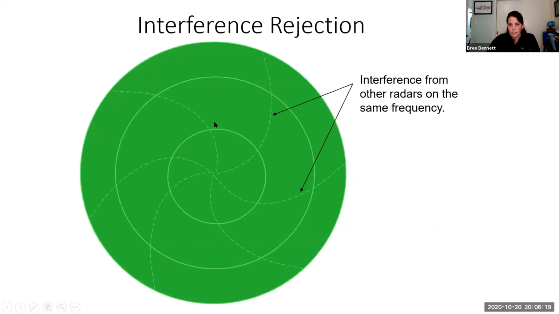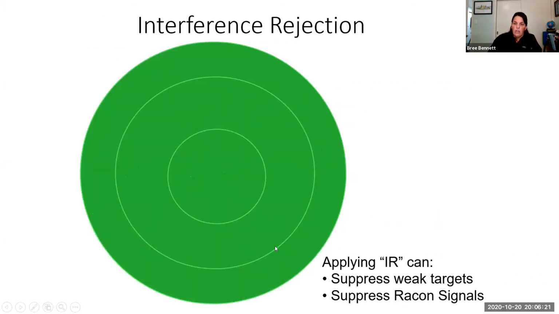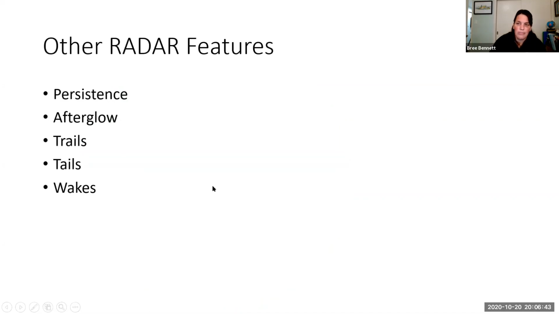Applying this interference rejection can suppress those weak targets or those racon signals. So we just want to be aware when we're using it that it's suppressing some of those weak targets possibly. It's all about situational awareness, you know what I mean?